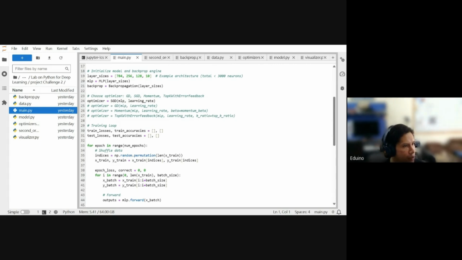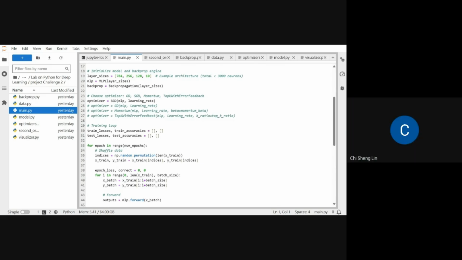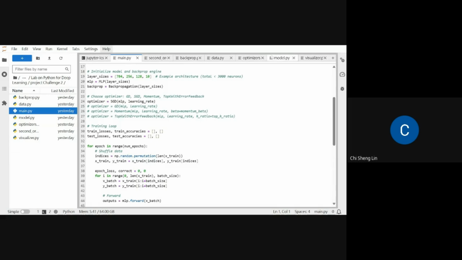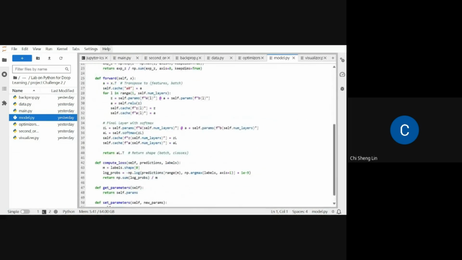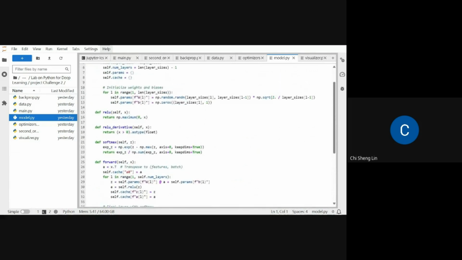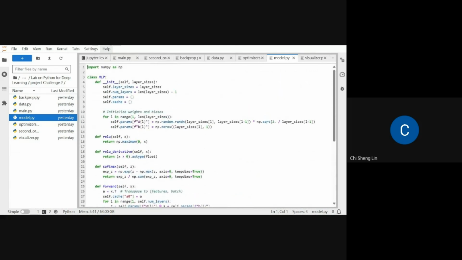What's the size of the multi-layer? Let me check about that.